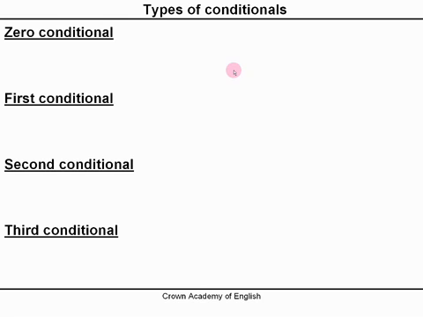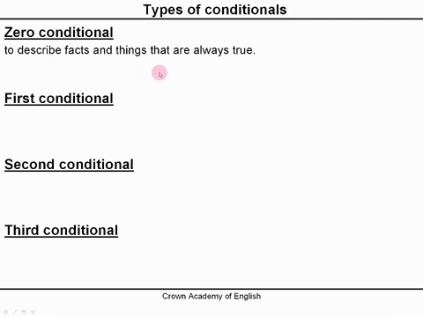So let's have a very quick look at each of these types. So we use the zero conditional to describe facts and things that are always true. So, for example, if you heat ice cream, it melts. So this is a fact. So this is an example of the zero conditional.